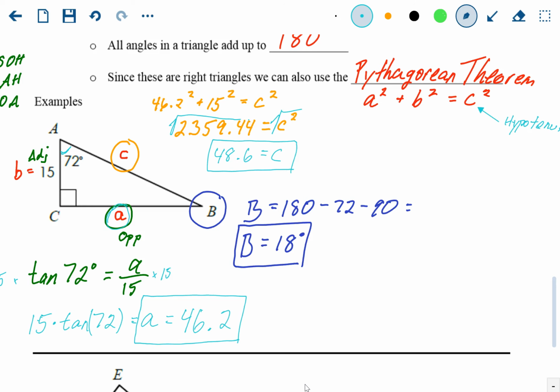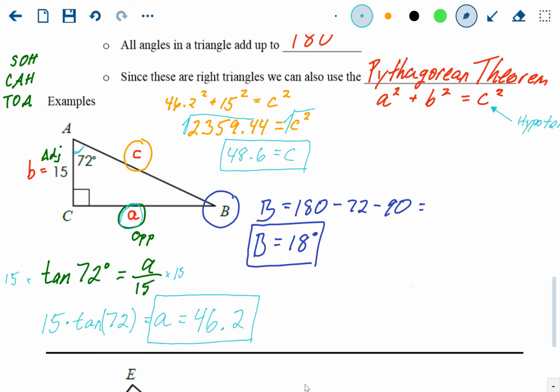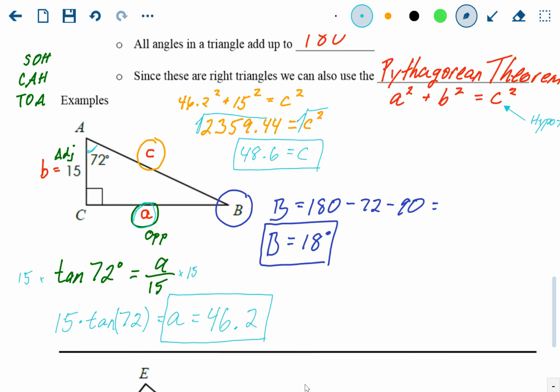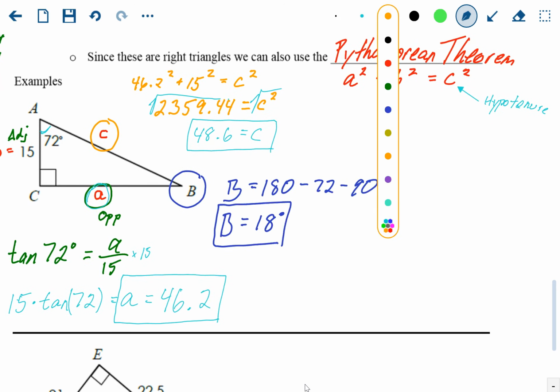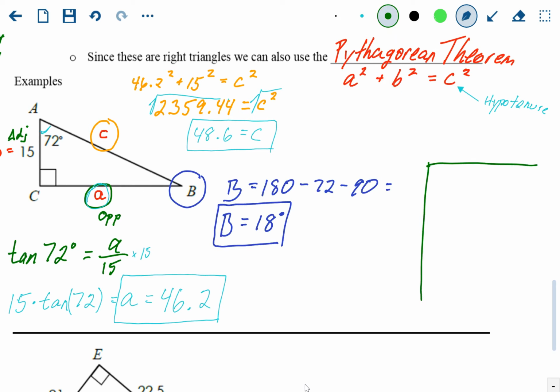Now again, you could have used a trig ratio for that. You could have said, for example, the sine of 72 equals opposite over hypotenuse, which would have been 46.2 over C, or you could use cosine. The alternate for finding C is we could have done cosine of 72 degrees. The cosine of 72 has to be adjacent over hypotenuse.